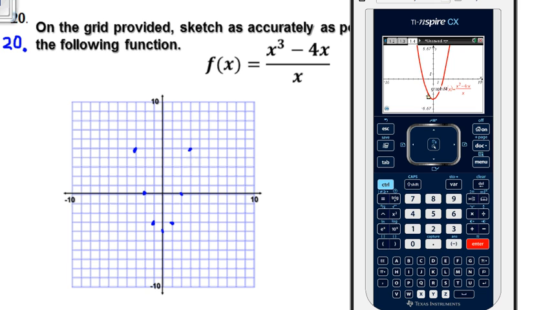Now, a lot of you made the mistake of just sketching this graph here, but if you go to the table view, Control T, you will see a discontinuity. It's going to be a removable or point discontinuity at x equals 0.